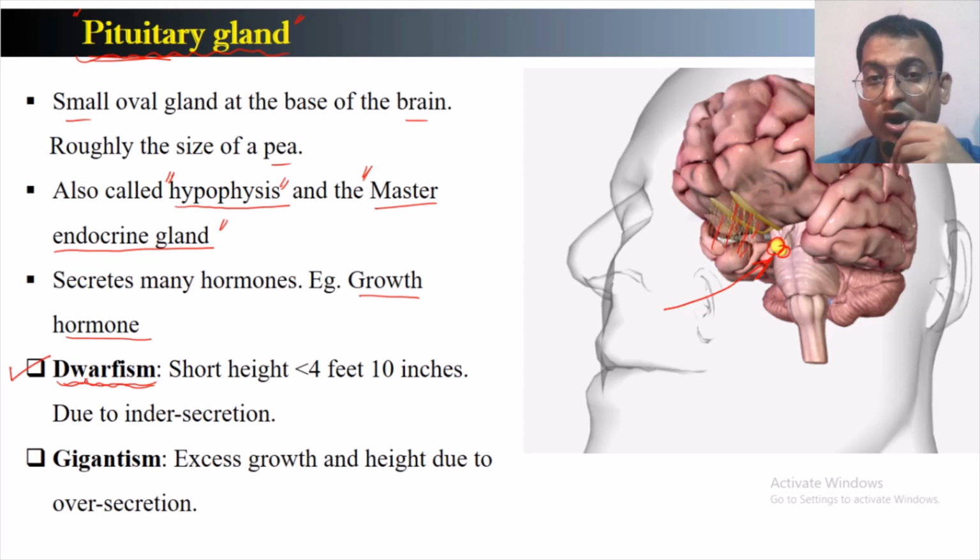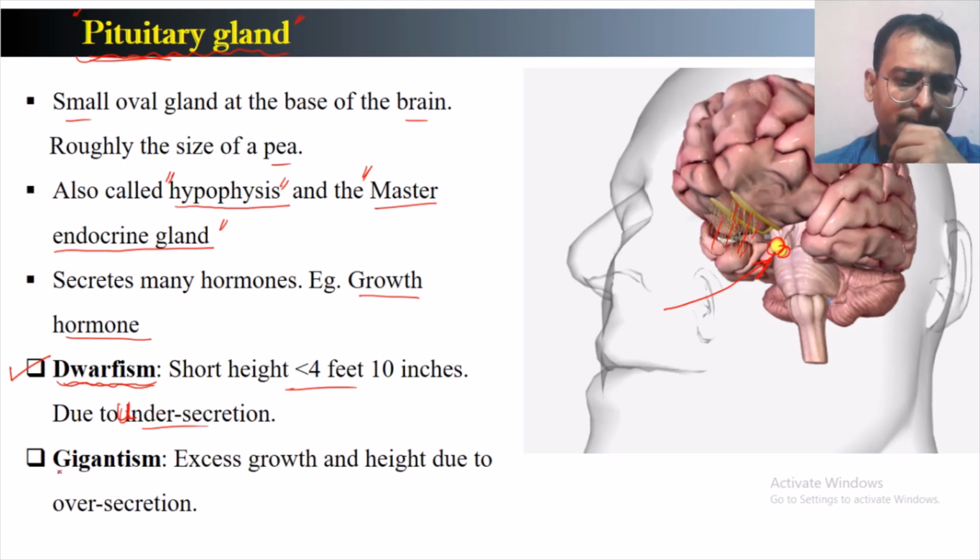Dwarf means short, and in a person experiencing this under secretion of the growth hormone, generally the height will be less than 4 feet, 4 feet 10 inches.